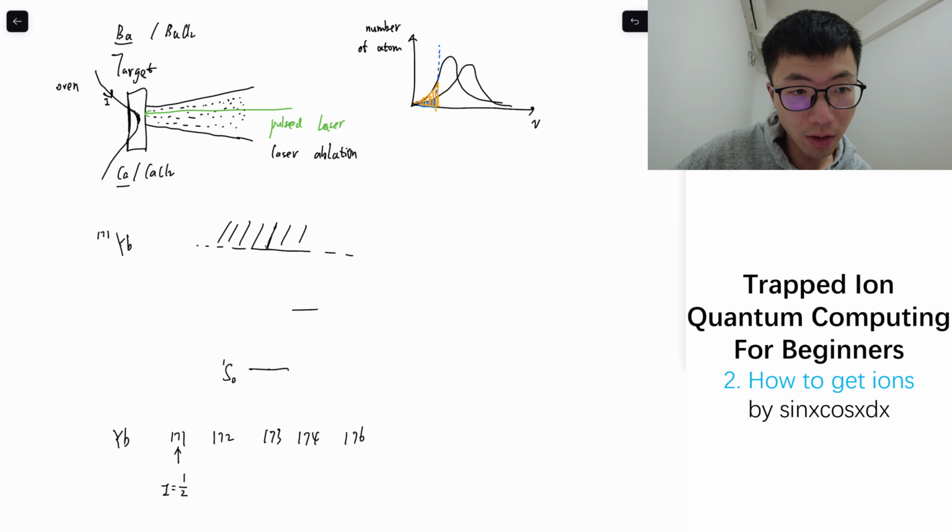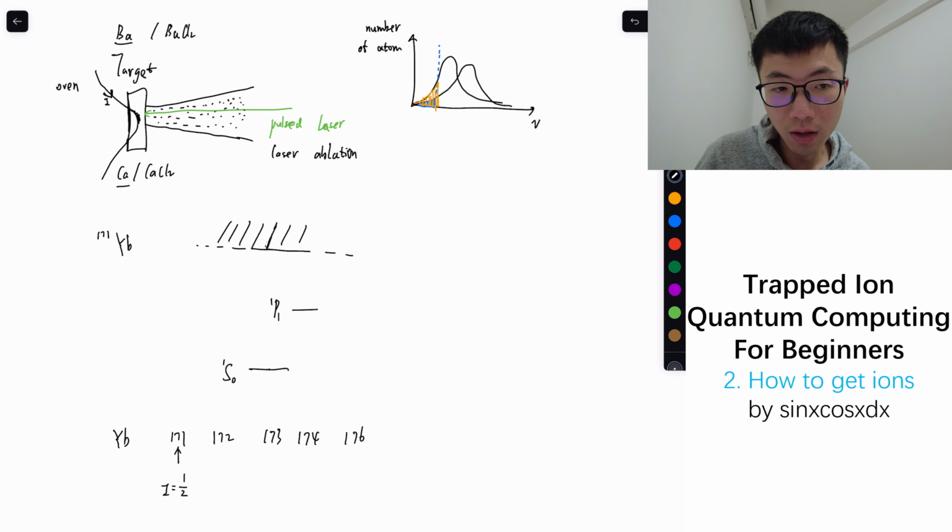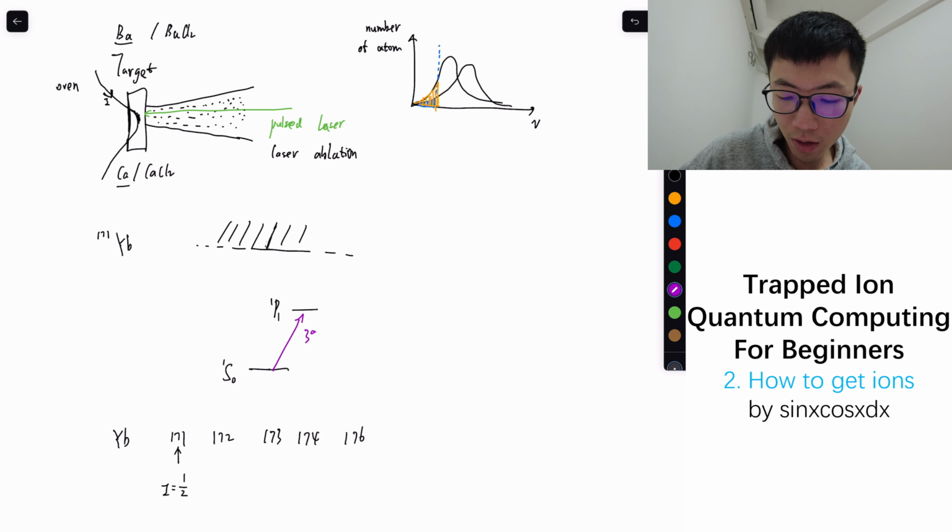We can use 1P1, this energy level, and this transition is 399 nanometer, and the ionization energy of this is 394 nanometer.